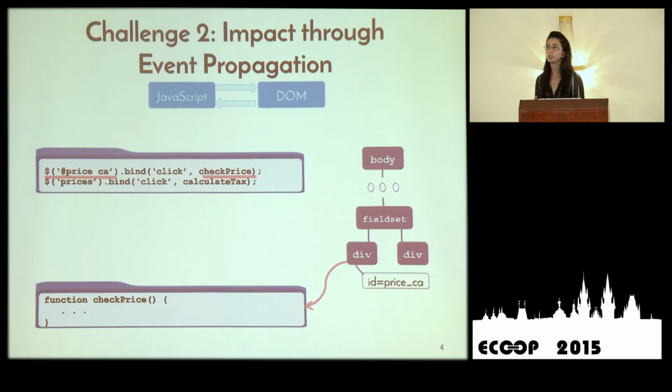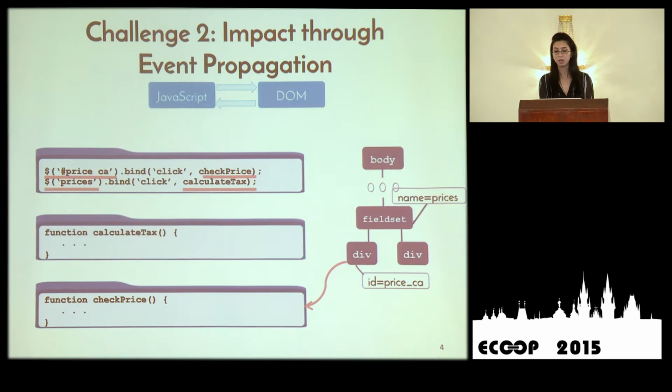But there's this notion of event propagation in modern browsers. A single event can propagate on the DOM tree and call multiple handlers of the ancestors of the target element if they have the handler for the same event. So here, the parent of the target element has a handler for the same event, which is a click.